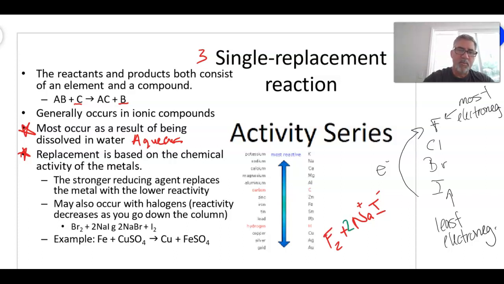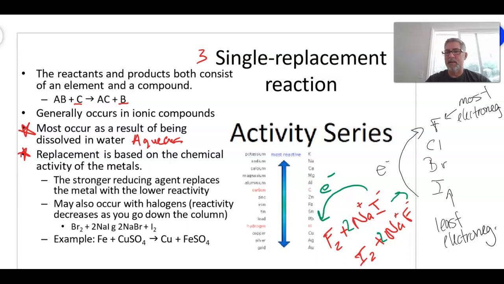Since fluorine is more electronegative, it would take electrons from the iodide, and that would make iodine plus sodium fluoride. Each fluoride here now has the extra electrons because it's more electronegative, so it took them.